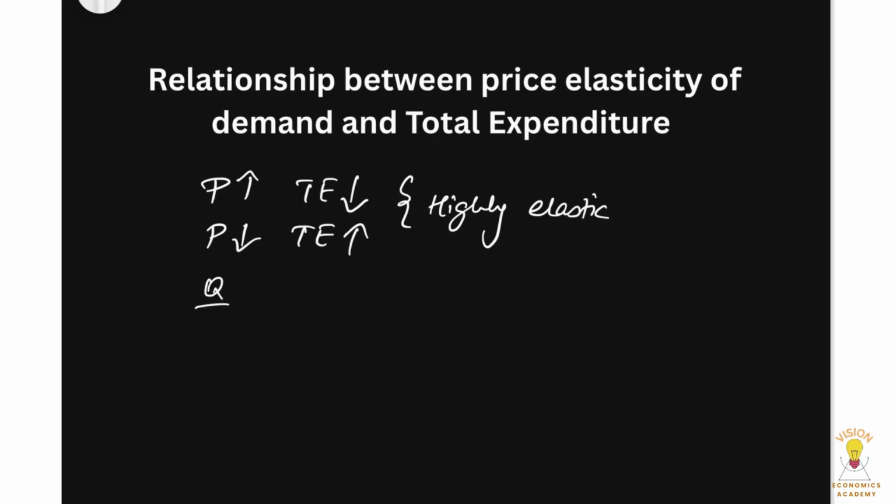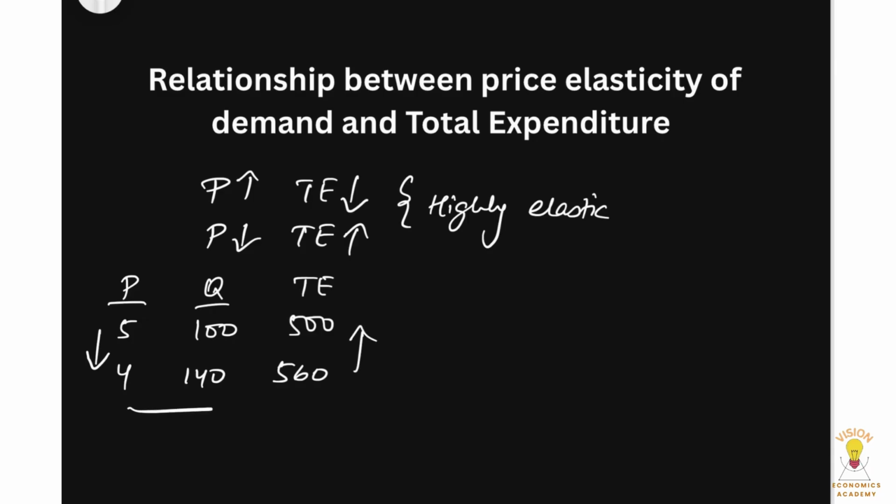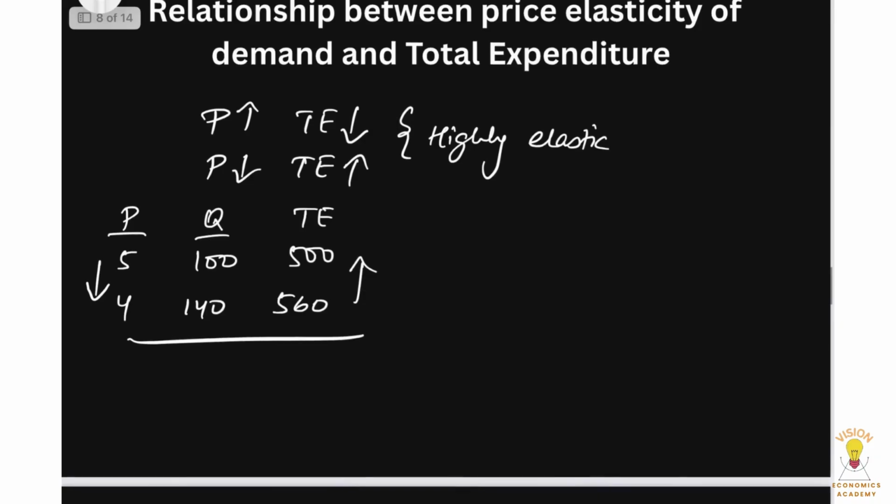Price is 5 and 4. The quantity at 5 was 100, at 4 is 140. So the total expenditure here is 500 and here it is 560, right? So the price is falling and the total expenditure is increasing, so it's highly elastic.